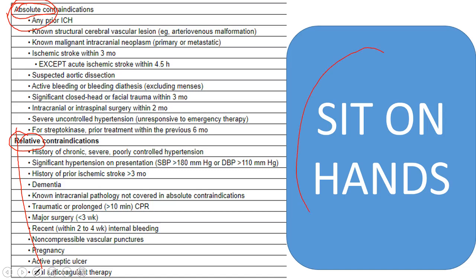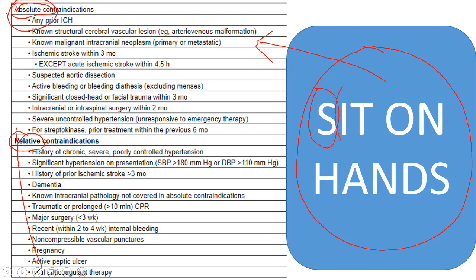And this is the mnemonic that you can use to remember the absolute contraindications for thrombolytics, which are: if the patient has a stroke, a prior stroke, not the present stroke, within the last 3 months, absolutely the patient should not be given thrombolytic.